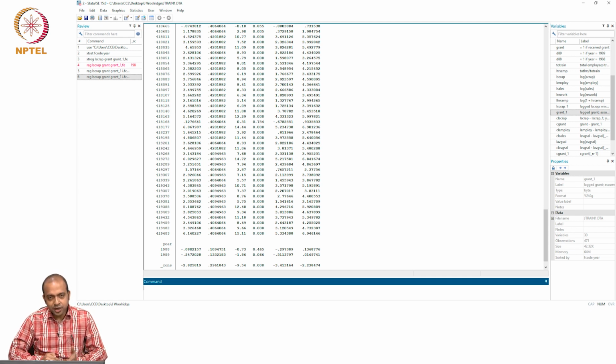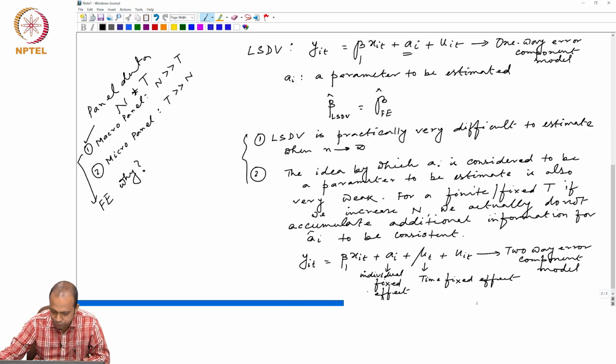If there is no significant unobserved heterogeneity across individuals, then instead of applying this fixed effect model, either one way or two way, it is better to apply pooled OLS. Please try to understand. We have combined a cross section and time series, then there are two options.